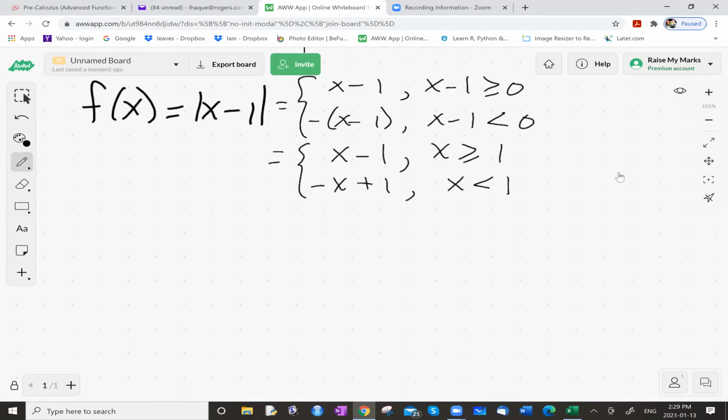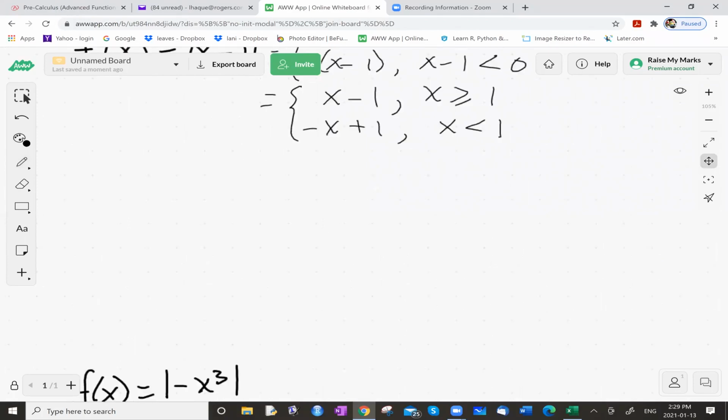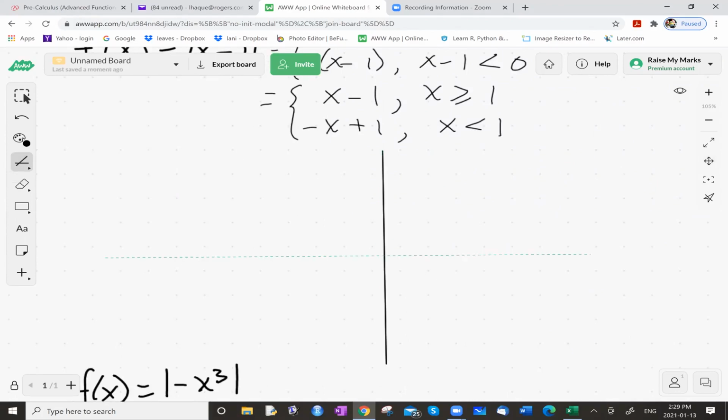All right, so now let's draw our axes, y and x. Let's pick our point. So 1 is going to be the point where things change. So when x equals 1, our function equals 0.